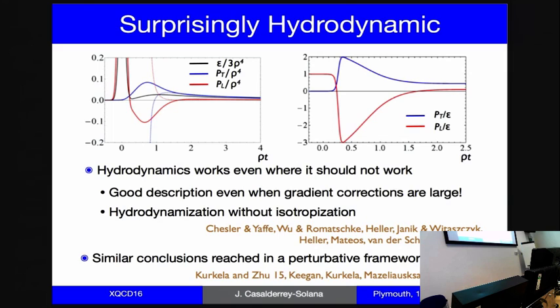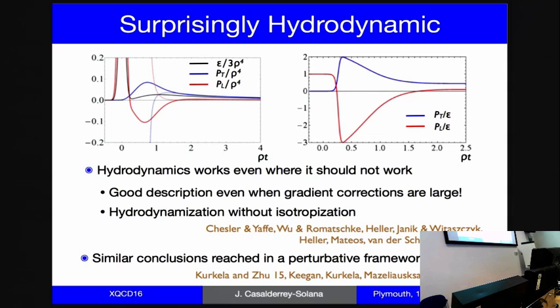So even though hydrodynamics should mean that you have something close to thermal equilibrium in the rest frame, there are very large shear corrections that shift the value of the longitudinal and transverse pressure from one to the other. In a sense, you have some hydrodynamic behavior without isotropy in the local rest frame, which is certainly unexpected if you open a textbook.